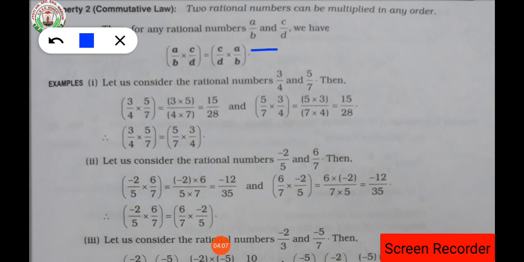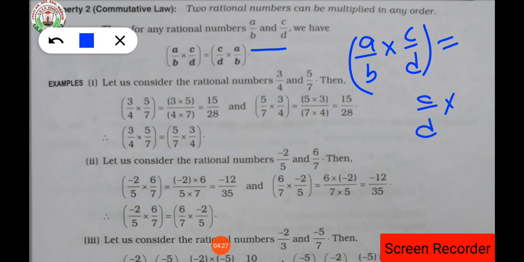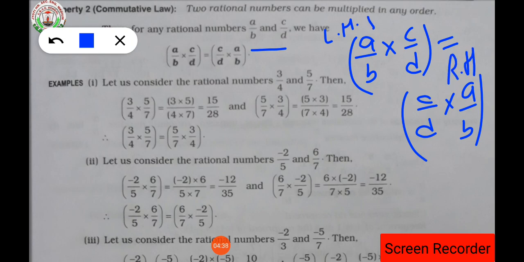Since we are talking about rational numbers, the commutative property of multiplication under rational numbers will be a upon b into c upon d, where a upon b and c upon d are two rational numbers, is equal to c upon d into a upon b. Clear? This is the LHS, left hand side. This one is the right hand side.